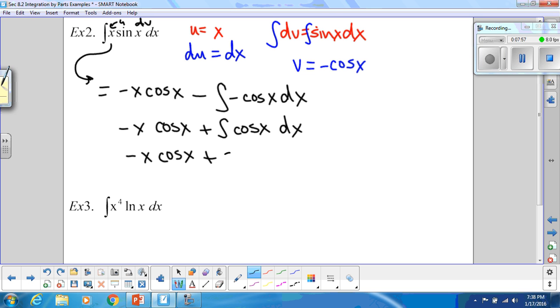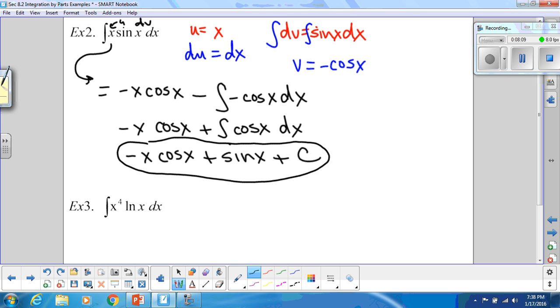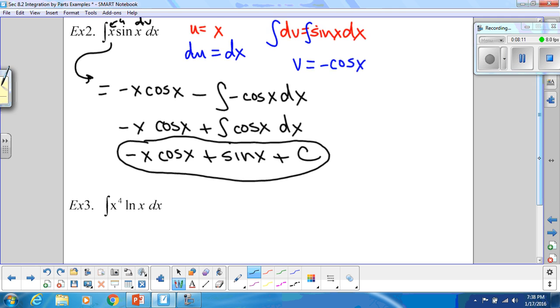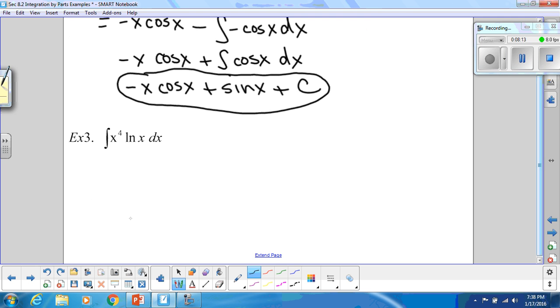So I've got this plus c. All right, so that's my answer. This is what that integral is equal to using integration by parts. All right, so let's continue with some more examples so you can see that LIATE working.